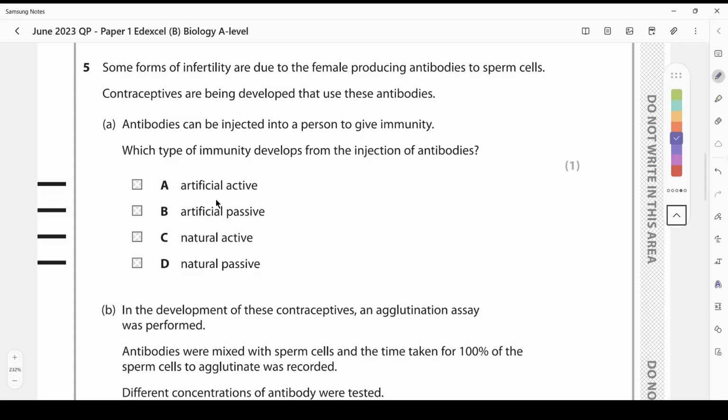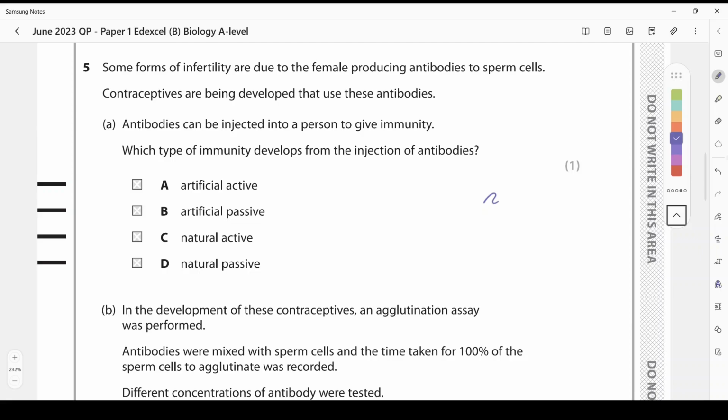Some forms of infertility are due to the female producing antibodies to sperm cells. Contraceptives are being developed that use these antibodies. Antibodies can be injected into a person to give immunity. Which type of immunity develops from the injection of antibodies?